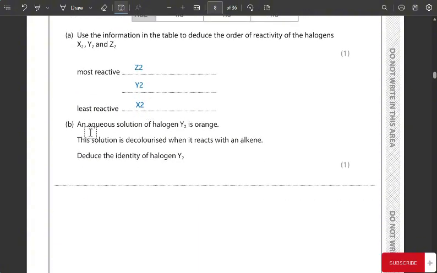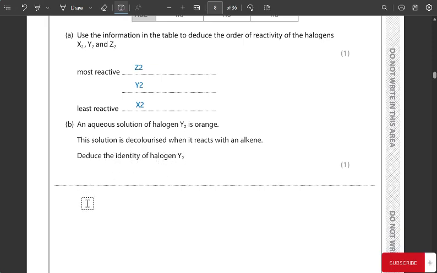And the next one: an aqueous solution of halogen Y2 is orange. This solution is decolorized when it reacts with an alkene. That is the identification of halogen Y2.